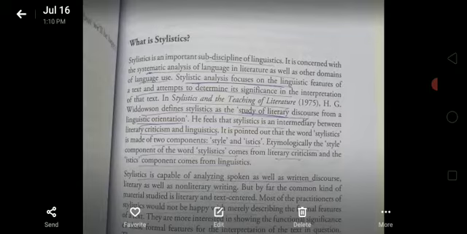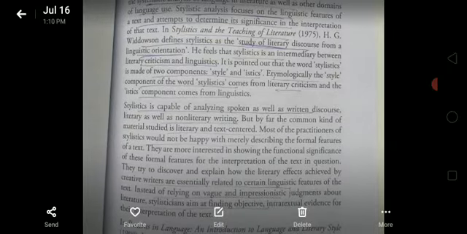I will repeat: the style component comes from literary criticism and the istics component comes from linguistics. So it will be asked in the examination. Take care of all the minor points and go through them thoroughly at your level.